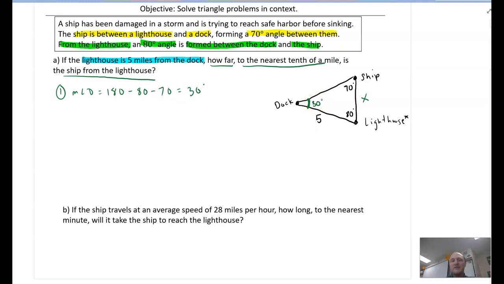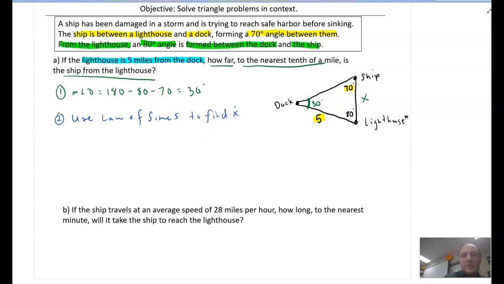How does that help us? Don't I have this angle and a corresponding side? So step 2, I can use the law of sines to find x.